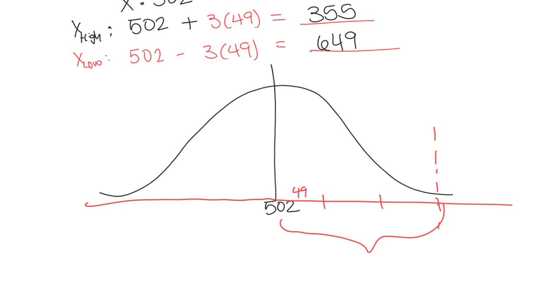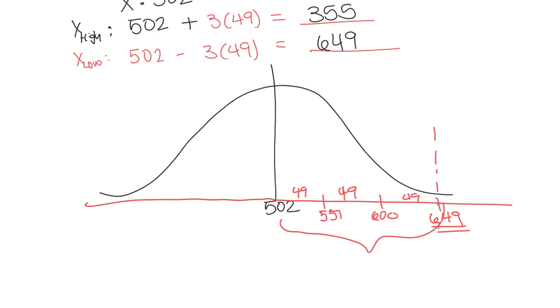So plus 49, plus 49, plus 49. So 502 plus 49 would be 551. Then if I add 49 to that again, I get 600. And if I add it one more time, I get 649. So that's what it would look like visually.